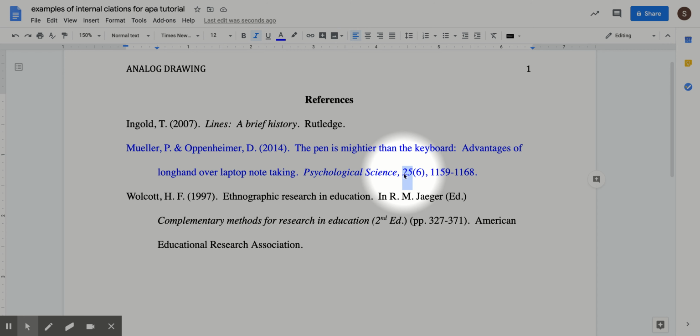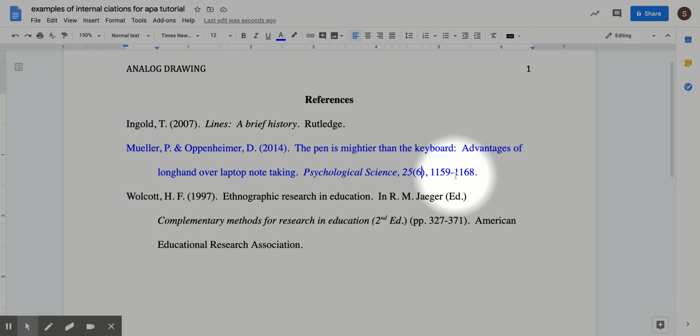Okay, and again, it has to do with the biggest component here that we're citing, the journal title and the volume, because we want to know which year to look at and then which issue within the year. Okay, then you do have to put page numbers because just like a book chapter, there's more than one author writing in that journal, in that issue. So you have to put the page numbers.